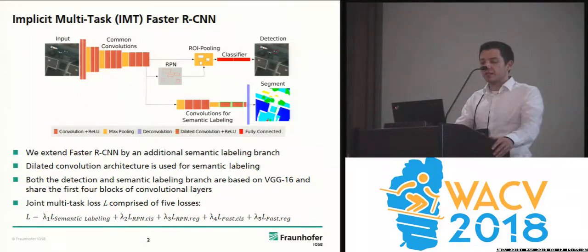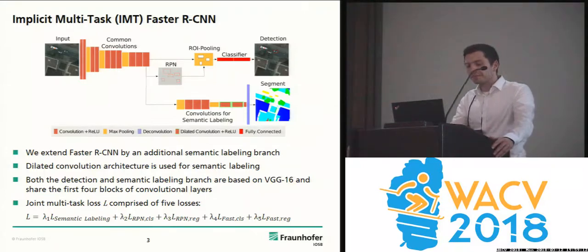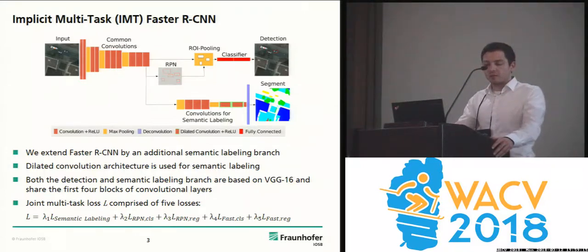Therefore, we used a dilated convolutional architecture. Both the detection and the semantic labeling branch are based on WACV18 and share the first 4 blocks of convolutional layers. For training, we use the joint multitask loss, which is comprised of 5 losses, 1 for the semantic labeling and the 4 losses of faster RCNN.